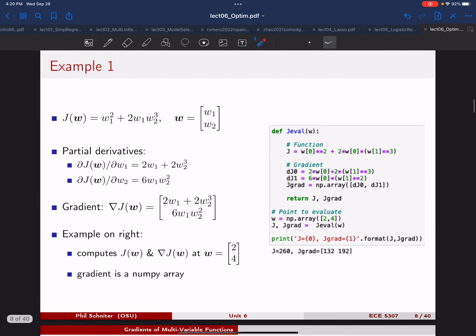The partial derivative with respect to w1 is 2 times w1 plus 2 times w2 cubed. Then for the partial derivative with respect to w2, this term doesn't matter, and we'd have 2 times w1 multiplied by 3 times w2 squared. Finally, you get this. Once you have the components of the gradient, you stack them together, and you have the overall gradient vector.